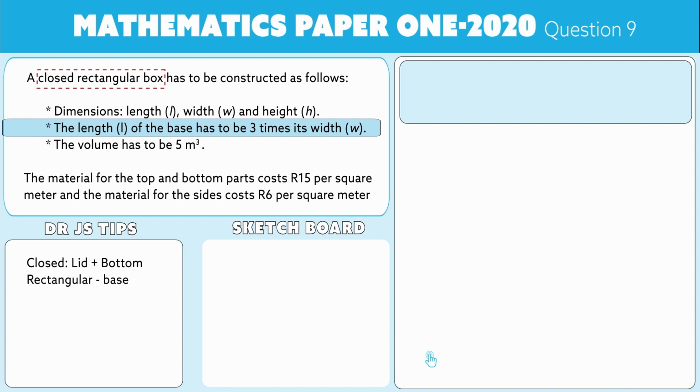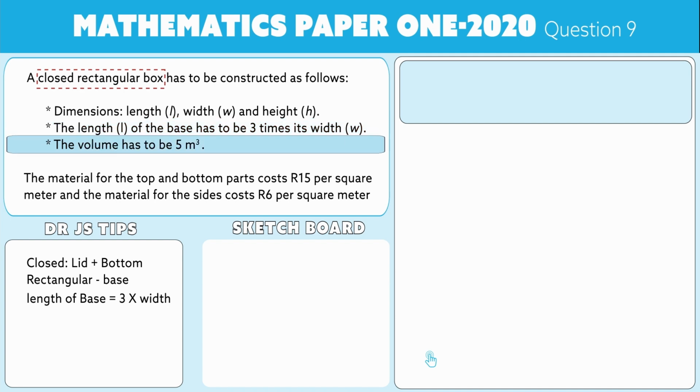Let's make a note of that: the length of the base is equal to 3 times the width of the box. So there's a relationship of 3 to 1 happening over there. The volume, they tell us, has to be 5 cubic meters. Now that is very important. They gave us something that we could work with.